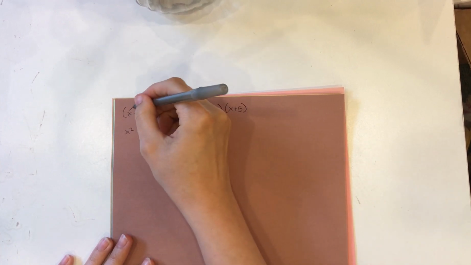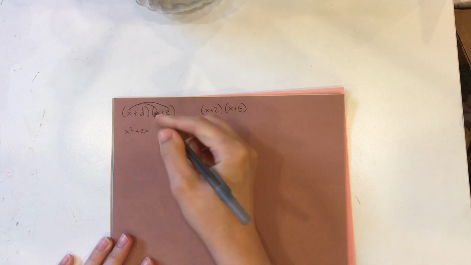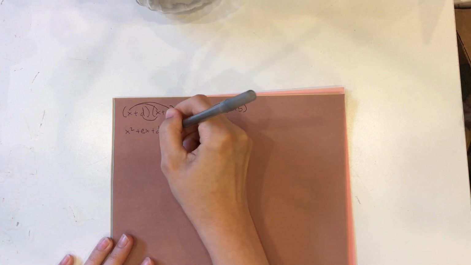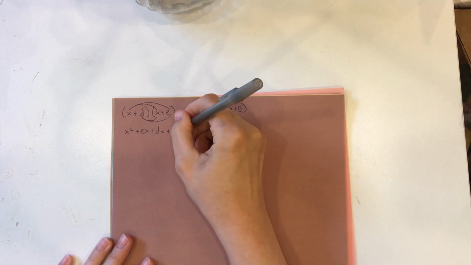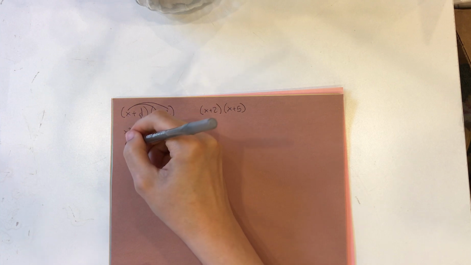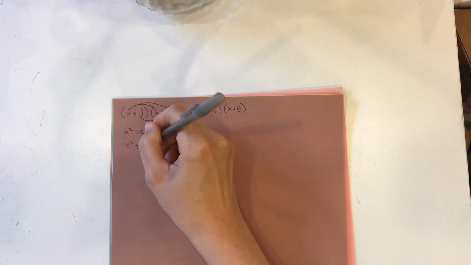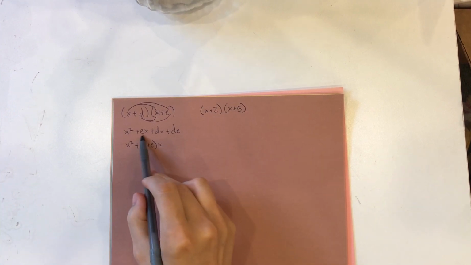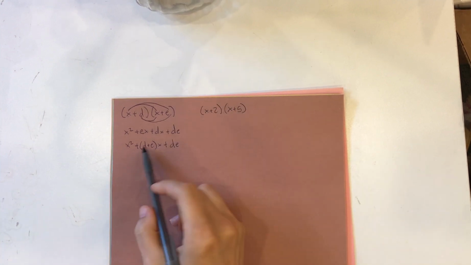X times e is ex. D times x is dx. And d times e is de. So we can simplify that down a little bit: x squared plus (d plus e)x, because we're putting those together, plus de.